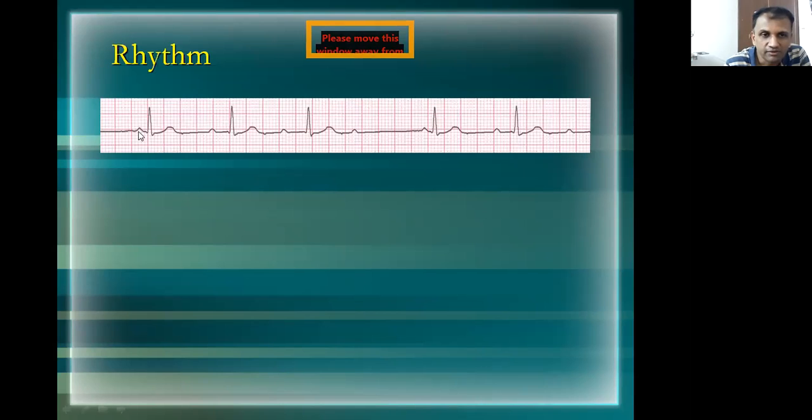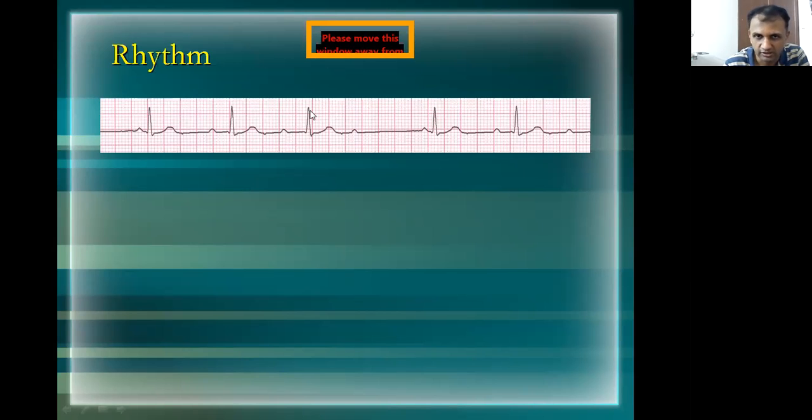You got a P wave here, followed by a QRS complex, and there's a T wave. Then there's a P wave again, followed by a QRS complex. The gap between this P wave and the QRS complex is wider here, there's a T wave, and another P wave, and this gap is also wider than the previous one.